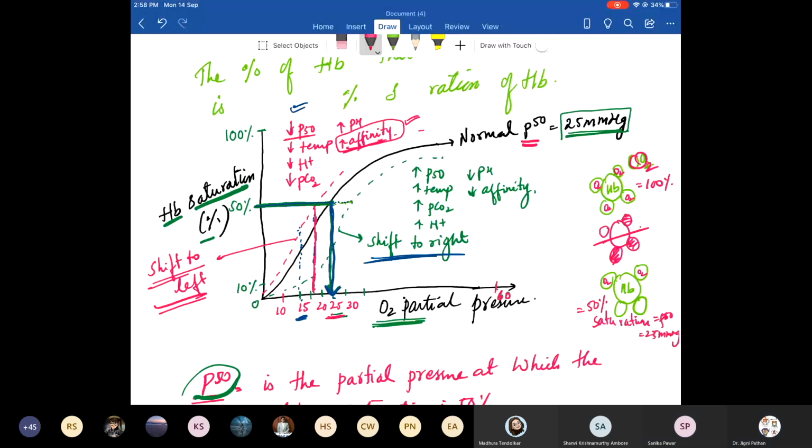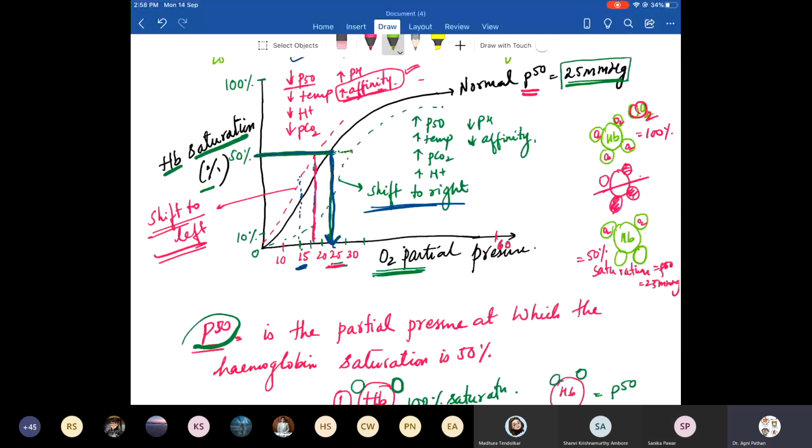Understood? Yes, ma'am. Next, there is one more hemoglobin in which only one site is occupied. Why is only one occupied? Because it has not reached 50%. That is called affinity. Now, this is one diagram and this is the second diagram.